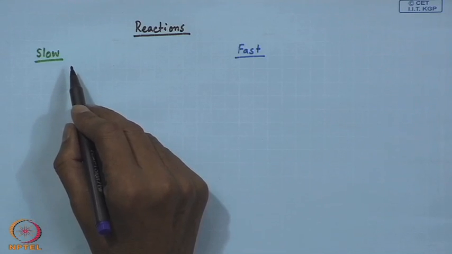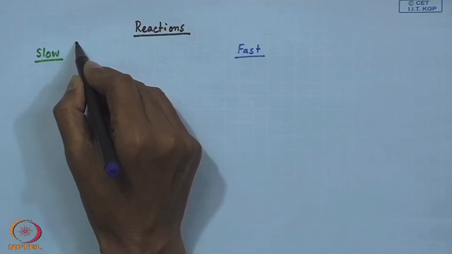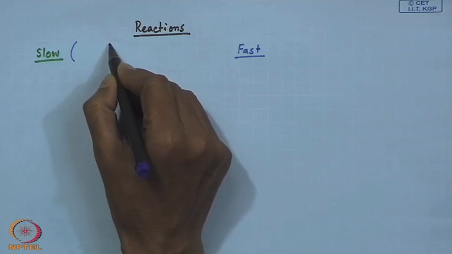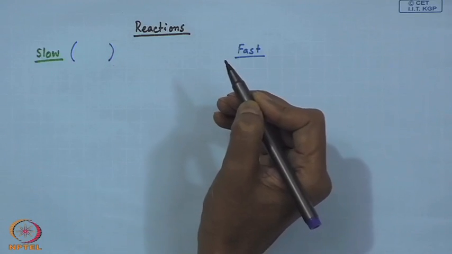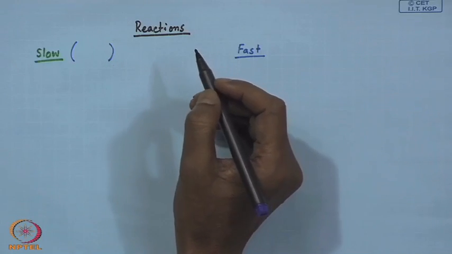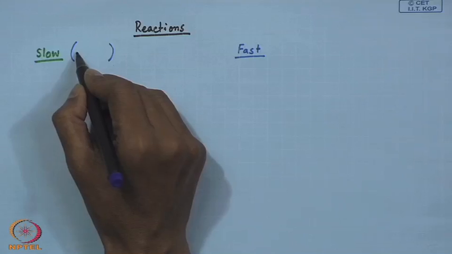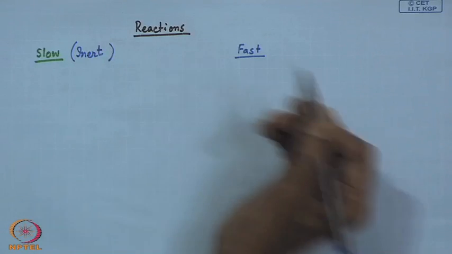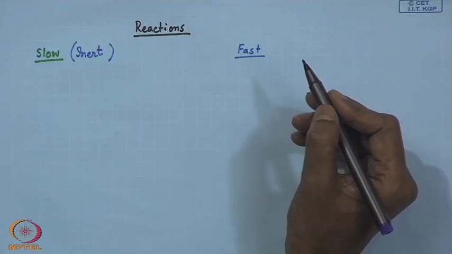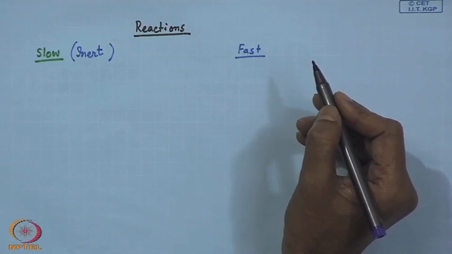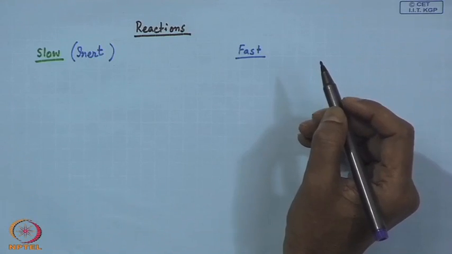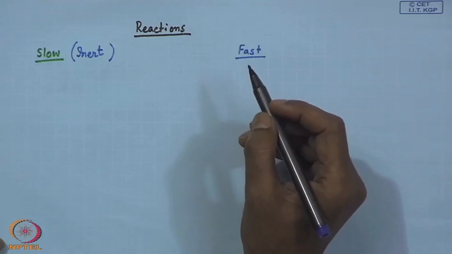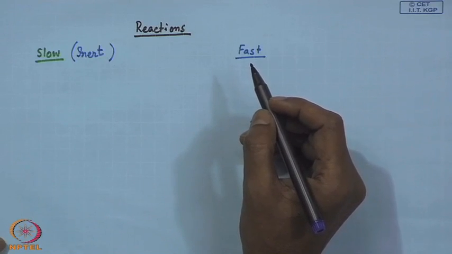When we have slow reactions, we label the corresponding complexes participating in these slow reactions as inert complexes. These inert complexes only go for slow kinetics, irrespective of their thermodynamic stability or instability.